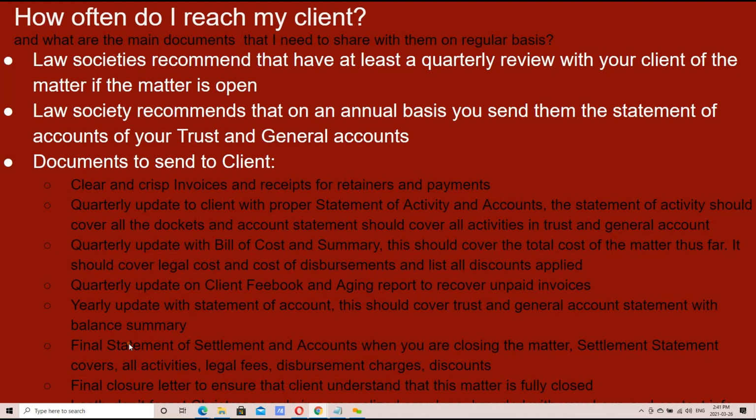Those are how often you actually connect with your client. So every time there's a docket, if you think you have to send them an invoice, because that's what you've signed up for in the retainer letter, then that's how often you touch base with that client, whether it's electronic correspondence or otherwise, right?